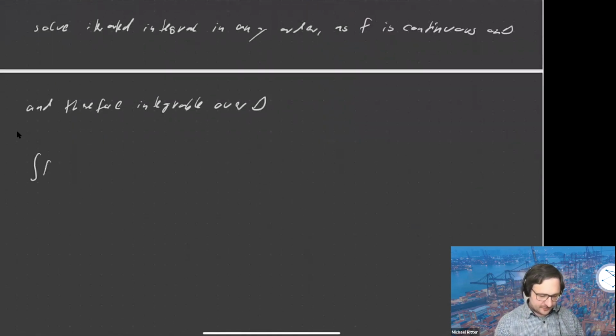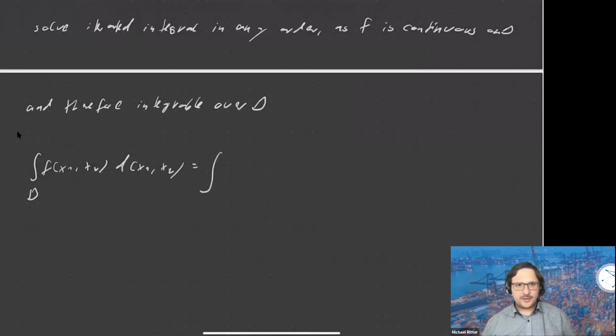Okay, so this integral that we want to compute, f of x1, x2, dx1 dx2 over D, can be solved, for example, by integrating with respect to x1 first and then with respect to x2. So the outer integral would then be the x2 integral. x2 goes from 0 to 1.